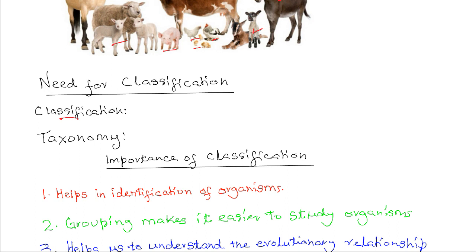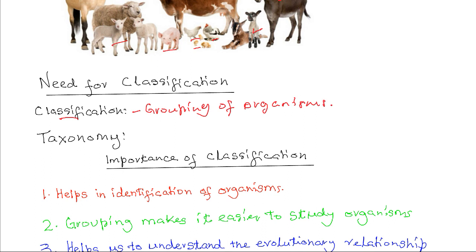And this is usually done according to their structure. So classification is defined as grouping of organisms. Organisms are placed into groups.